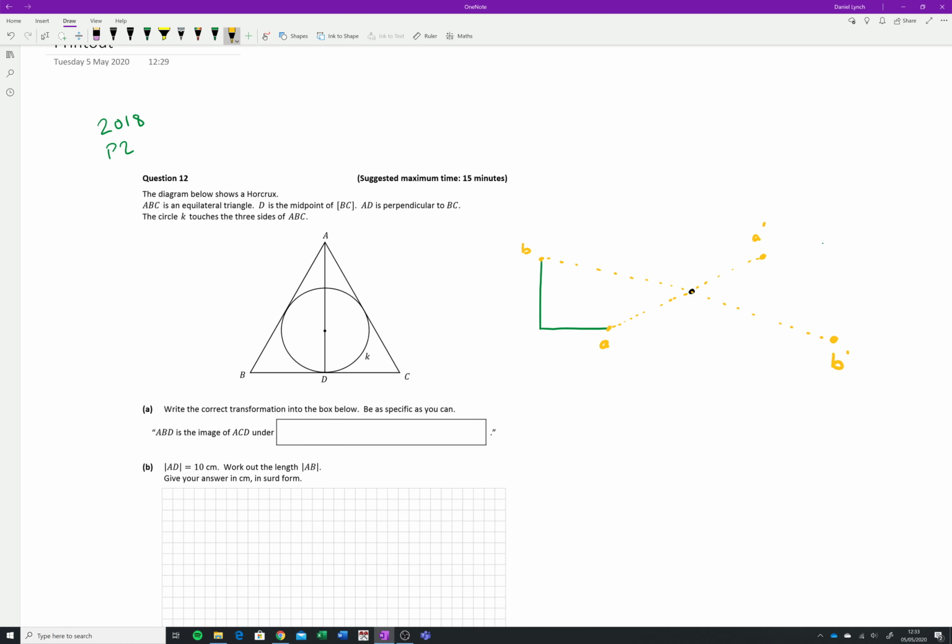There's B dash. And finally we've got C. It goes through the point and ends up, I would say, roughly there. There's C dash. And what you end up with then is this. So this is the image of it under central symmetry.